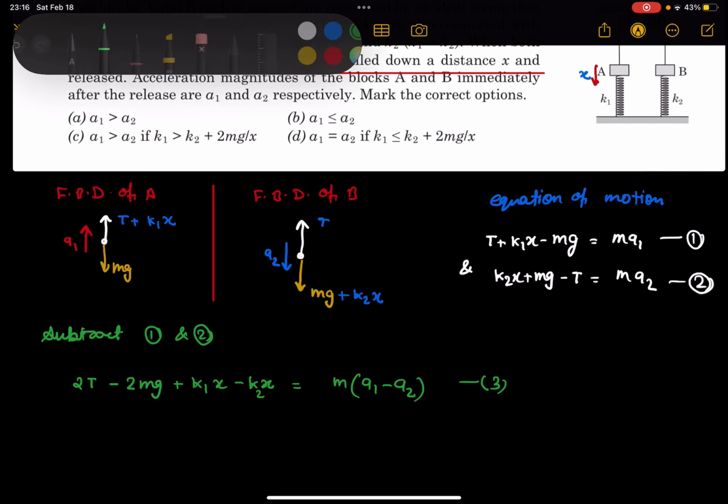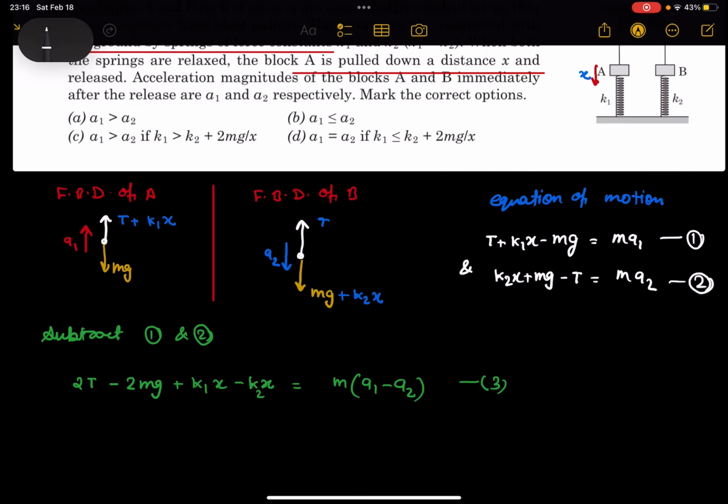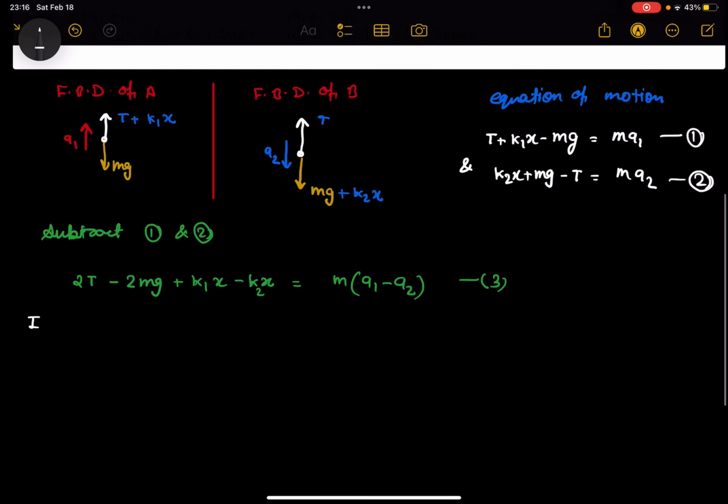Let us assume T is greater than or equal to 0. Tension in the string is either equal to 0 or greater than 0.